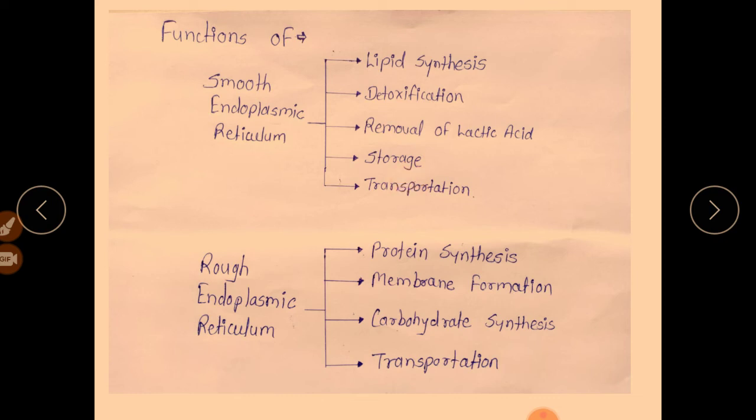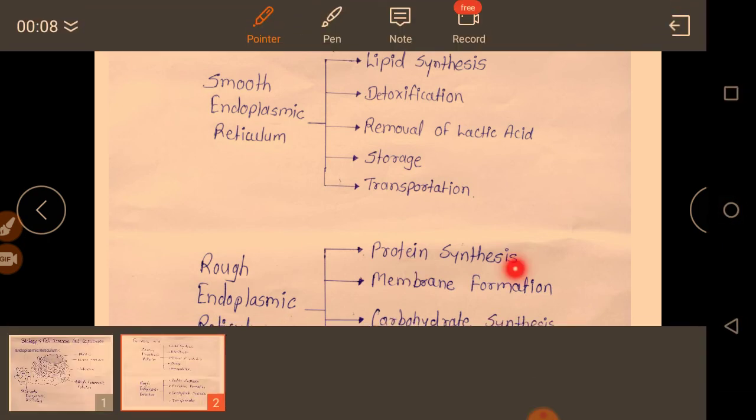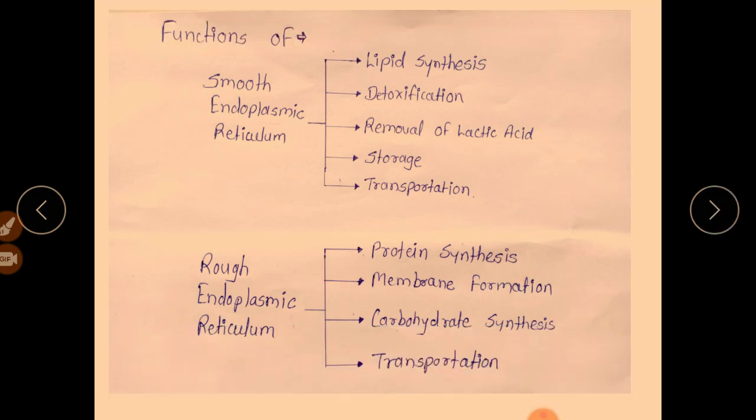After that, I will tell you the functions of rough endoplasmic reticulum. Rough endoplasmic reticulum is involved in protein synthesis. It is also involved in membrane formation and carbohydrate synthesis, and it is also involved in the transportation of protein, lipid and carbohydrates.